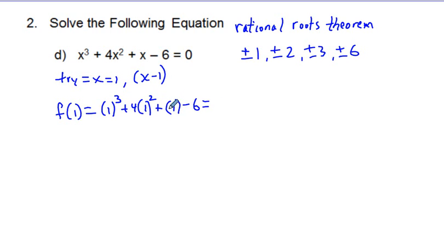And what is this going to be equal to? Well, 1 plus 4 plus 1, that's 6, minus 6 is 0. So therefore, this factor of x minus 1 is a factor.